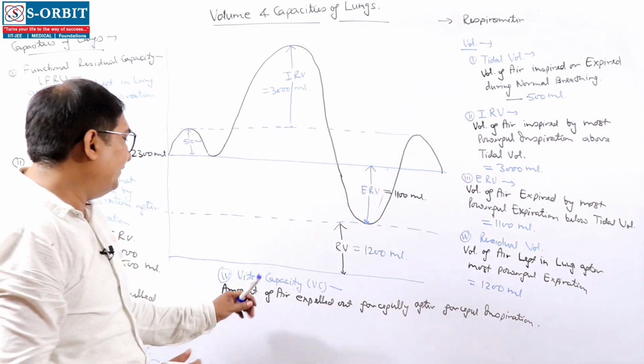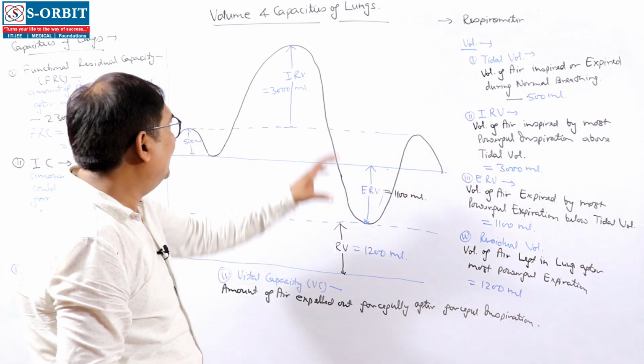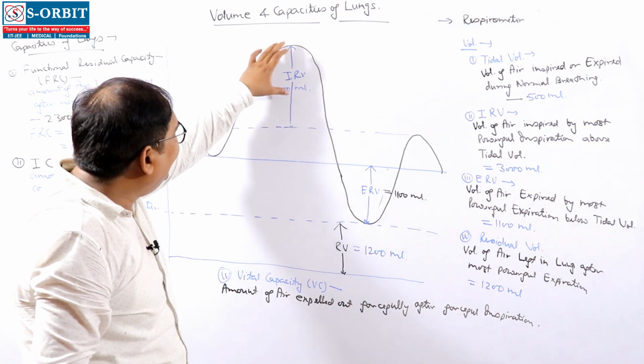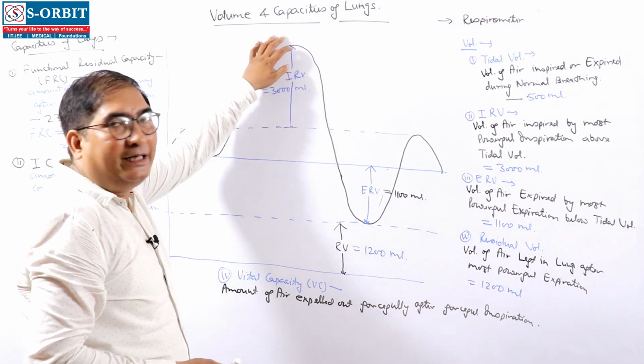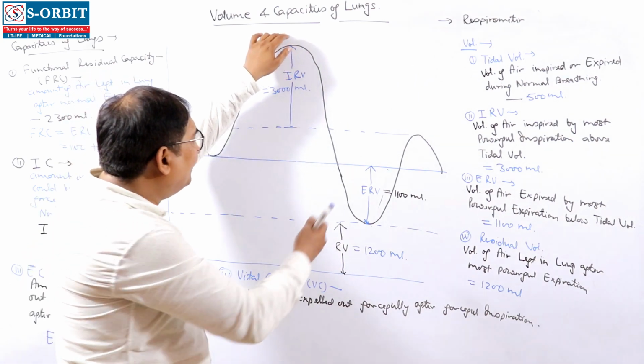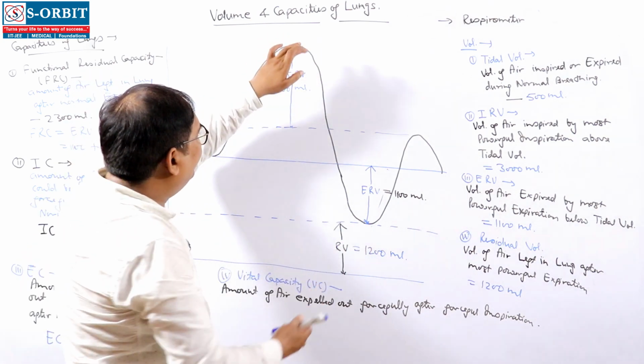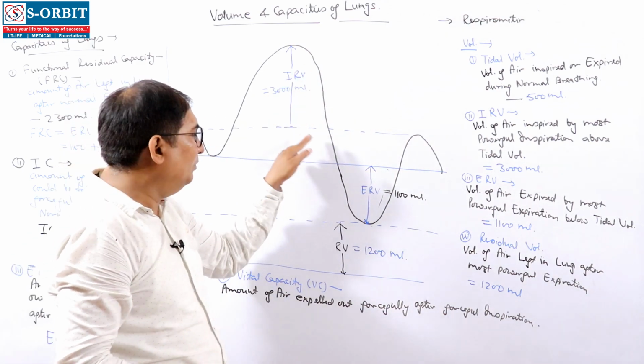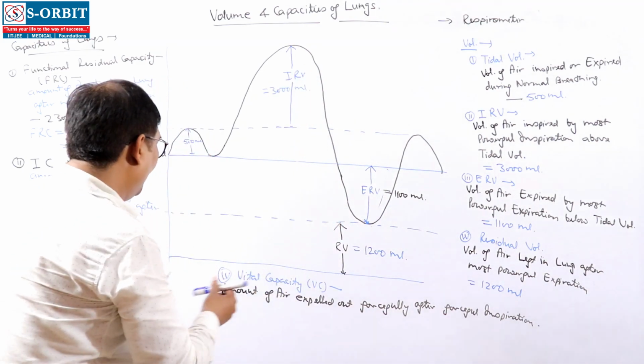So the vital capacity comes out to be what? The vital capacity after forceful inspiration, we take inspiratory reserve volume here. So the vital capacity equal to this, means the inspiratory reserve volume plus tidal volume plus expiratory reserve volume.